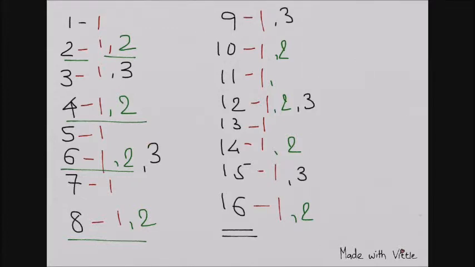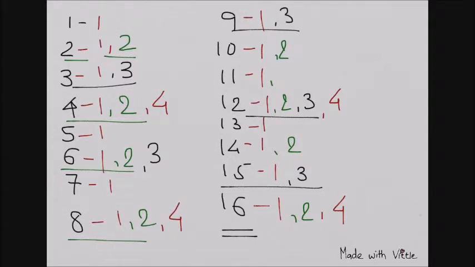Again, person number 3 changes the position of the bulbs. Number 3 is for bulbs 3, 6, 9, 12, 15, and similarly the fourth person for bulbs 4, 8, 12, and 16.